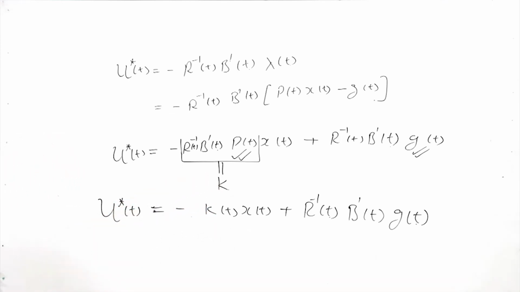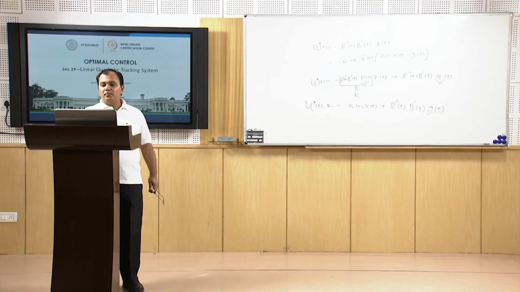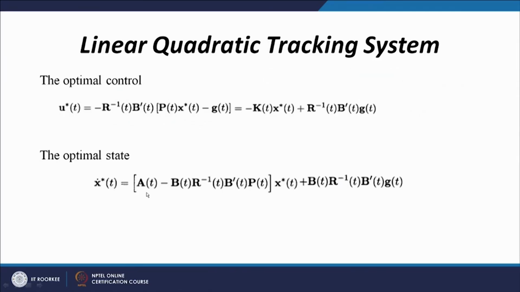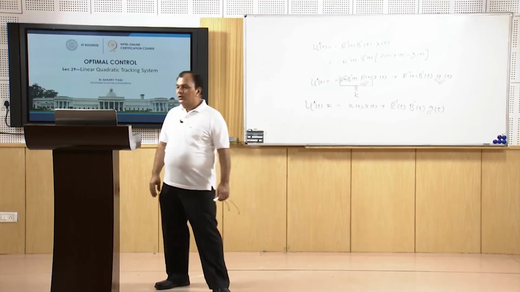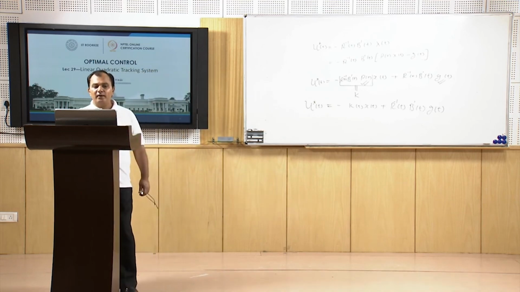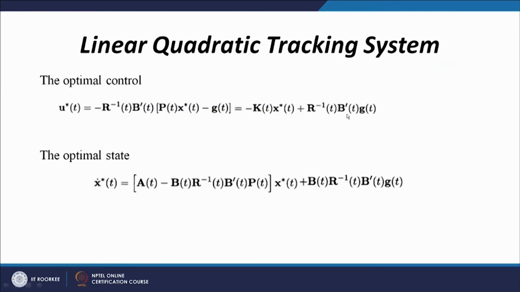As given by this expression, if I place this optimal u in A x plus B u, u is replaced by this. So, this is my optimal state, and this whole will give me my closed loop system. In this way I can obtain the optimal control law u(t) as minus K(t) x(t) plus R inverse B prime G(t).